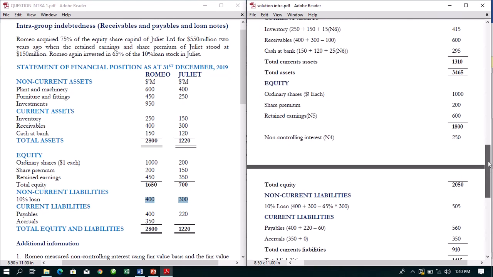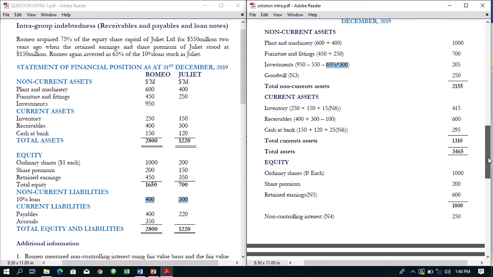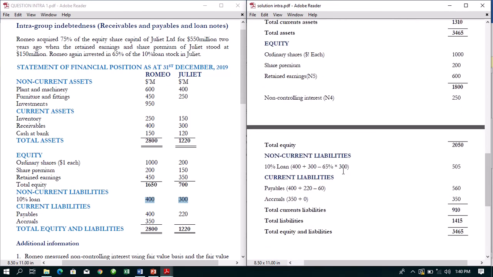We eliminated the 65% of the 300 away here. Same thing, we have to eliminate 65% of the 300 here. And why are we doing that? Because that loan is within the group, and as such, when we are preparing group accounts, we cannot lend ourselves money, so we have to eliminate that again. So I eliminate 65% times 300. At the end, the total 10% loan notes that will be consolidated is 505.